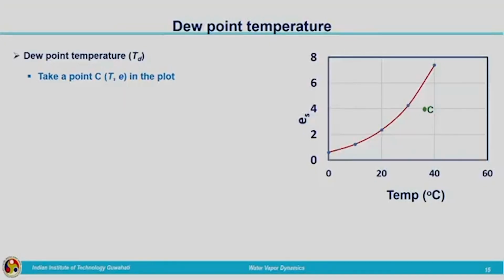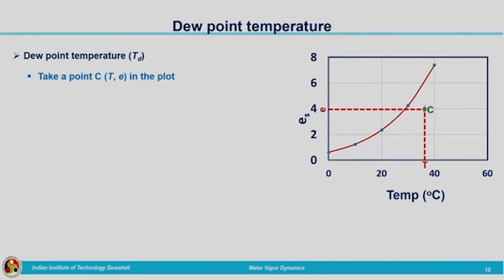Corresponding to this point, what will be the temperature and what will be the vapor pressure? Look at this point C, we will drop a perpendicular to the x-axis. So we will get the temperature corresponding to point C, which we represent by T. And corresponding to T, what will be the ordinate? This is E.